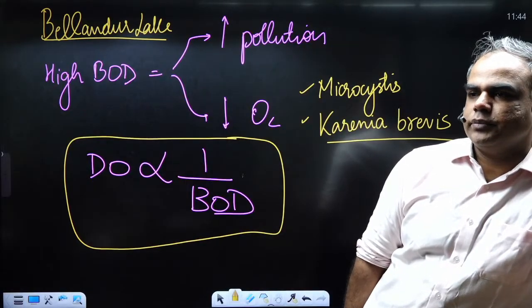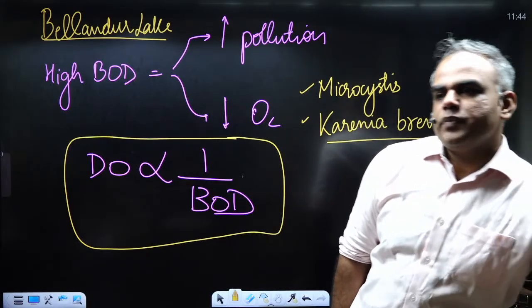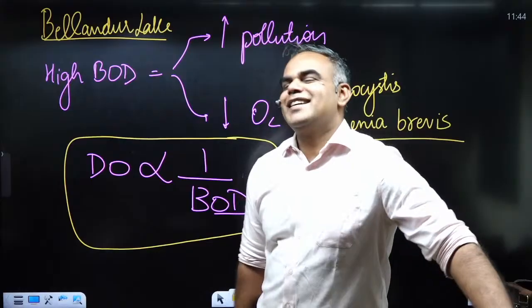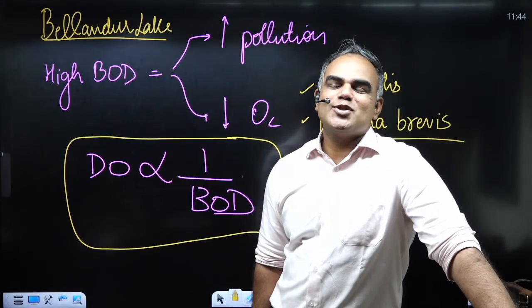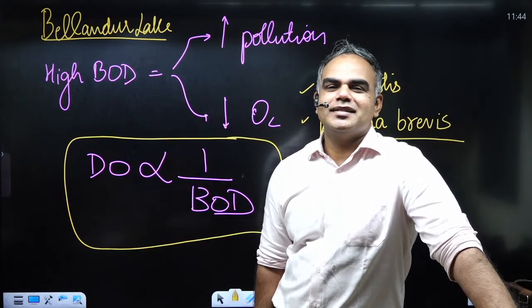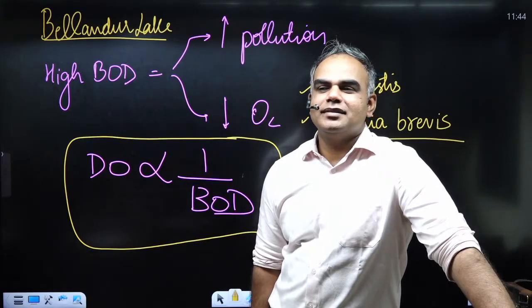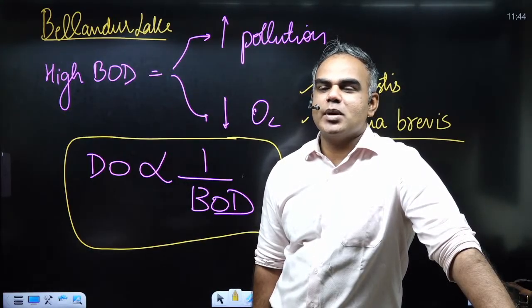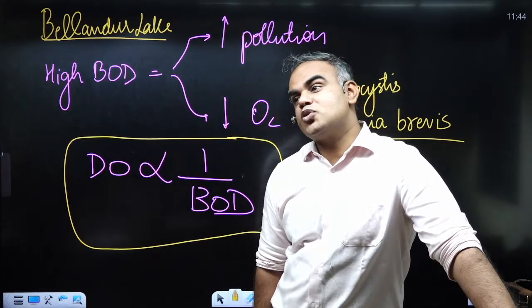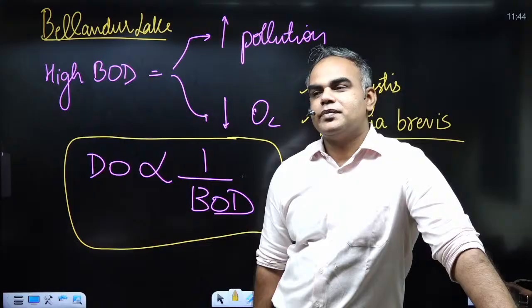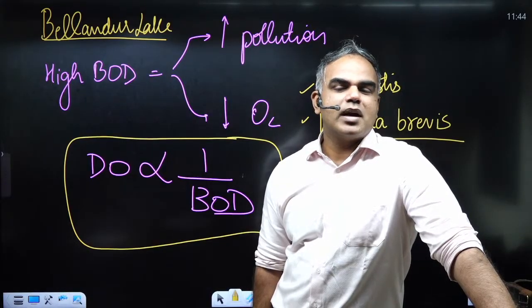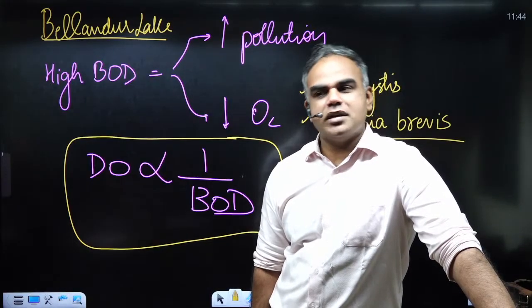Think of someone else. Okay, my statement: Pulicat Lake is spread across two states. True or false? This is a UPSC statement of 2017, by the way. The question said Pulicat Lake is spread only across two states. This was the statement. This is also true. It is spread across Andhra and Tamil Nadu.